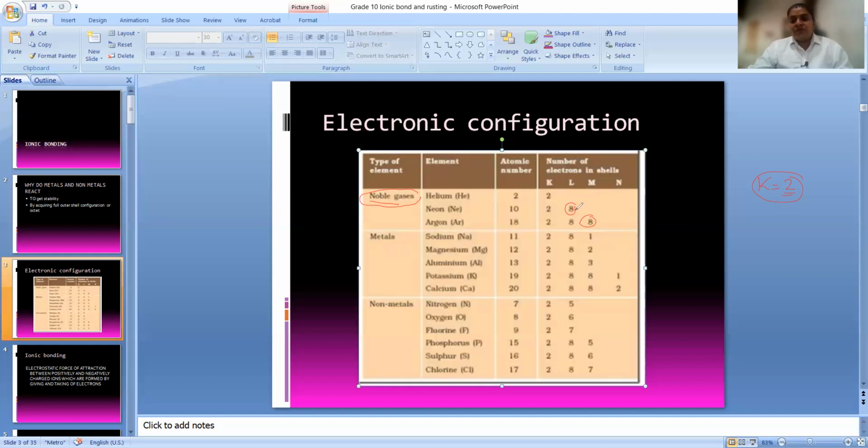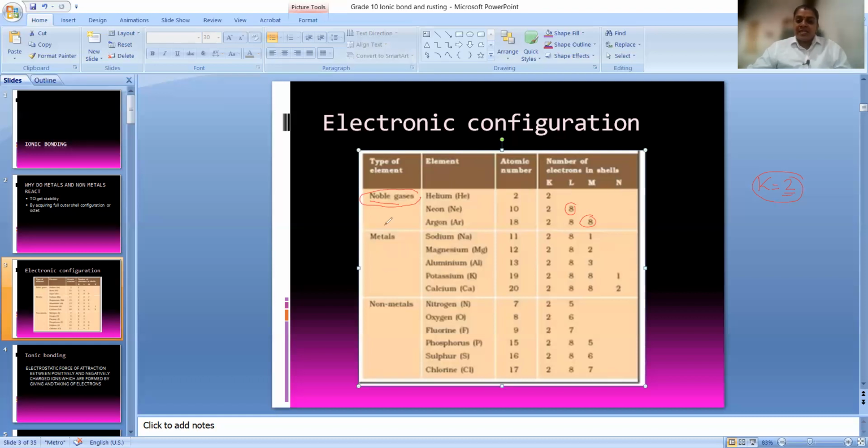That is the need for a reaction. So not all atoms are stable. They don't have a full outer shell electronic configuration. So in order to get an octet, meaning 8 electrons in the outer shell, they will react with other atoms, and they will get stability.